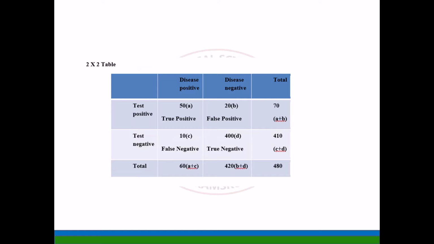And 400 is D, that is true negative. That is 410, the total test negatives, false negative and true negative. So total disease cases A plus C is 60 and B plus D is 420. Total is 480. This is the 2 by 2 table.